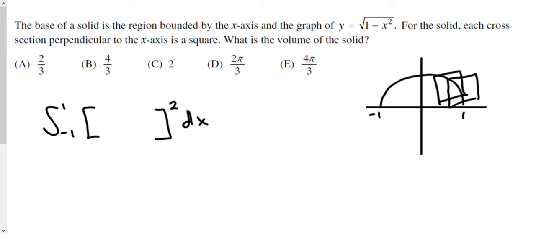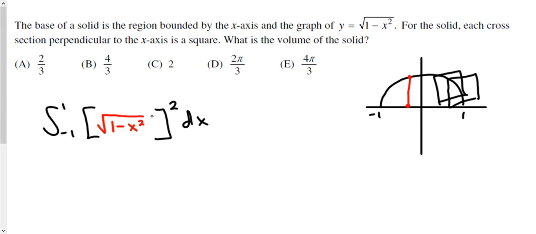Well, the area of a square is just one of the sides squared. So if we think about it, from here to here is just whatever y is on this curve minus 0. And on the curve, y is the square root of 1 minus x squared. So the length of one of the sides of these squares is the square root of 1 minus x squared.